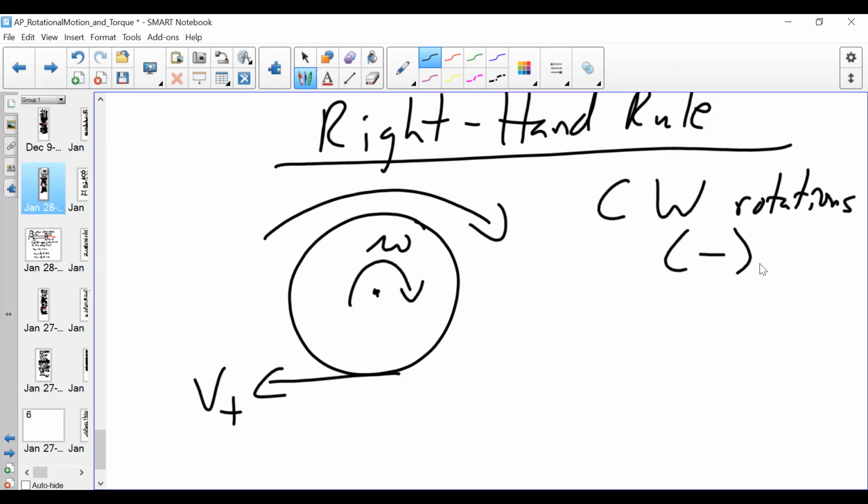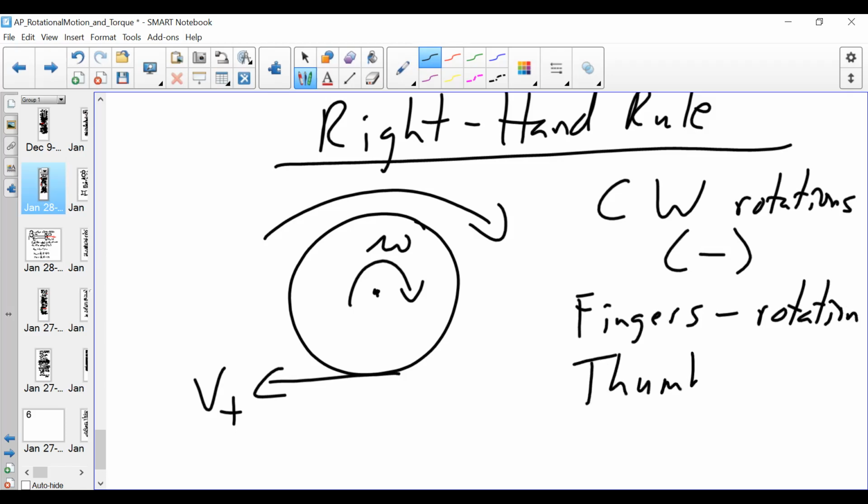And employing the right-hand rule, the four fingers, not your thumb, represent the rotation. And your thumb represents the angular vector or angular quantity, in this case, angular velocity.